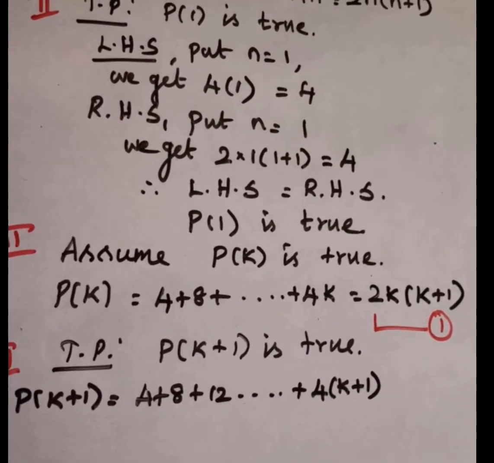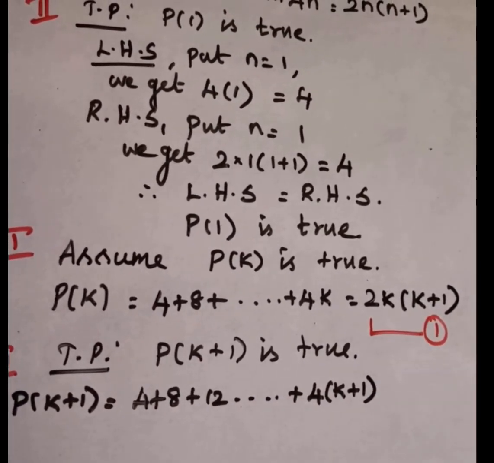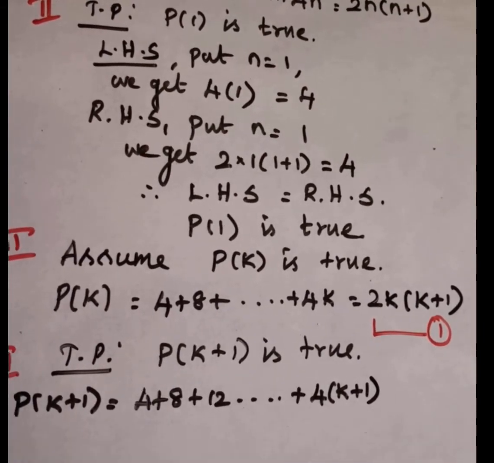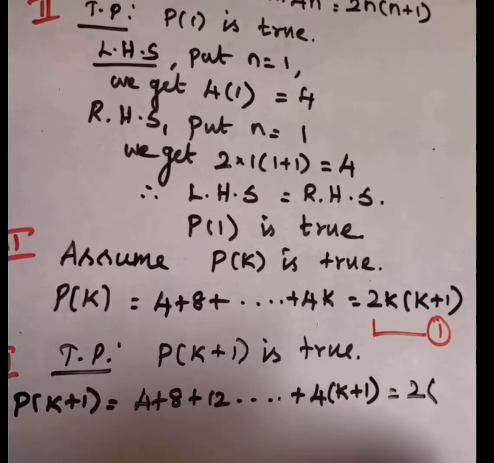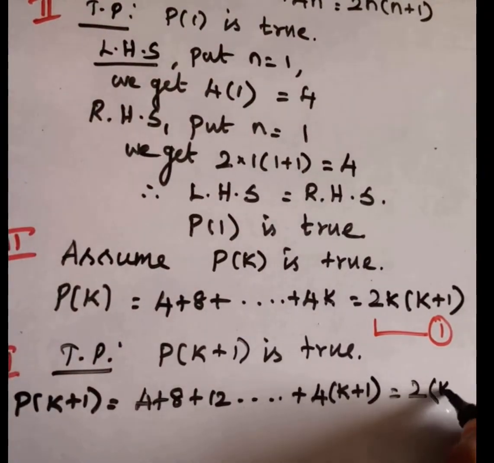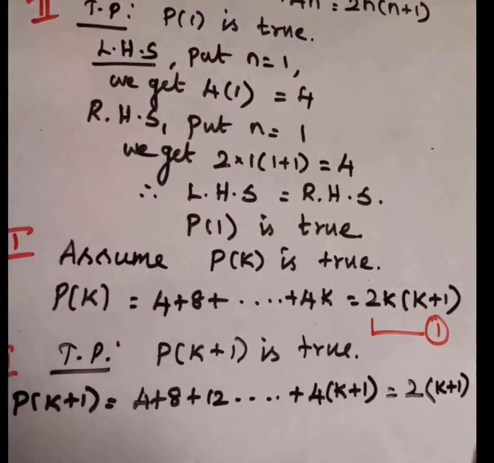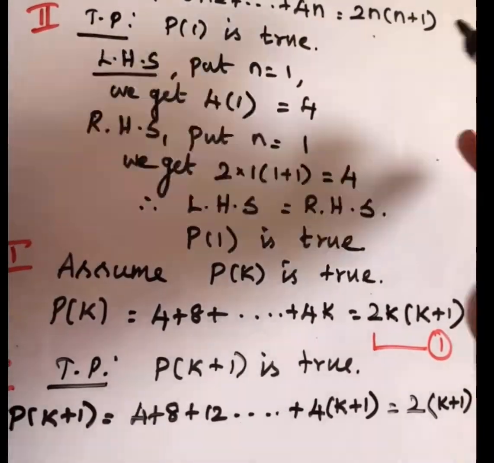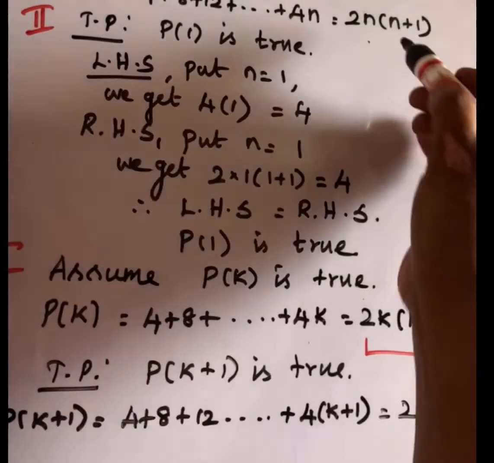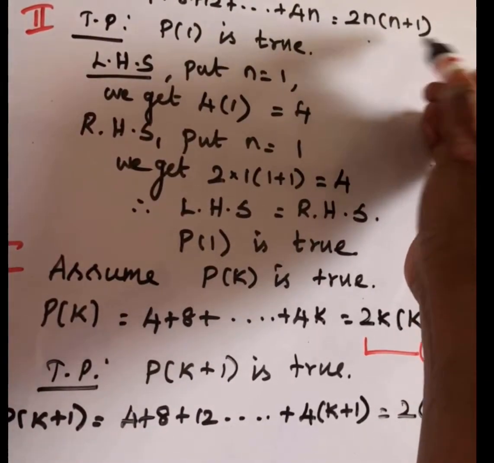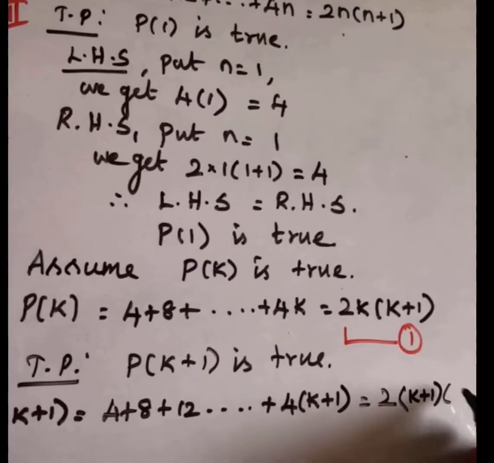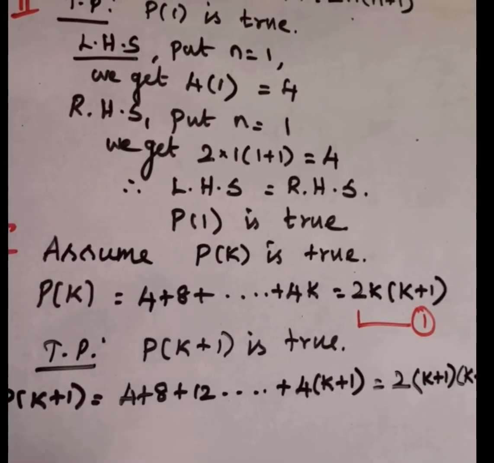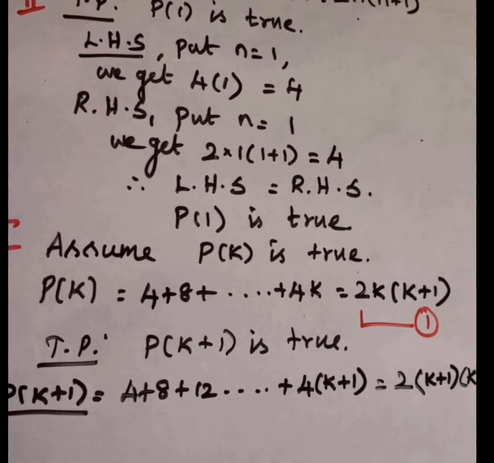Okay, instead of n you have to substitute k plus 1. So 4 plus 8 plus 12 etcetera up to 4 into k plus 1 is equal to 2 into k plus 1. Okay, instead of n I have substituted k plus 1. Instead of n plus 1 you have to substitute k plus 1 plus 1. So it is k plus 2. So k plus 1 into k plus 2. Okay, now this is our P of k plus 1.